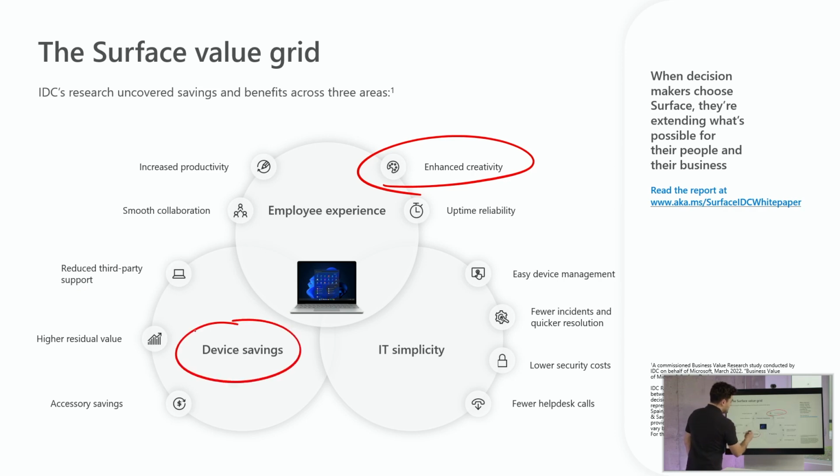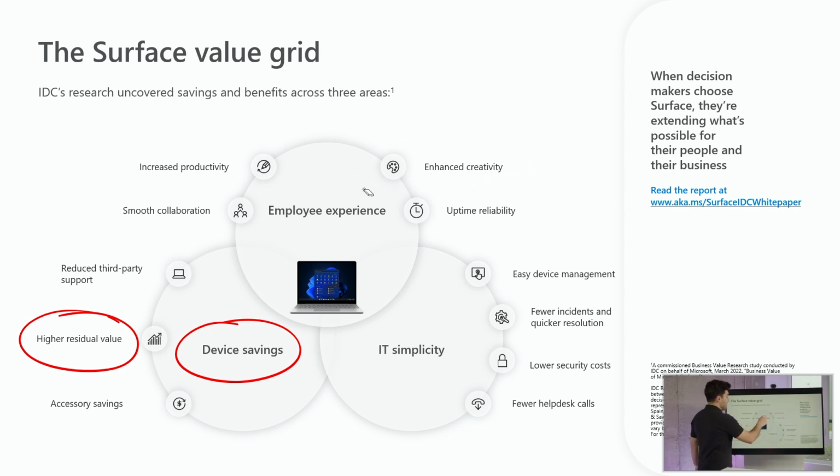When we talk about device savings, we have noticed in this study reduced need for third-party applications and platforms, a higher residual value at the end of the device's life. We often don't think about that, but when you go to sell it later for value recovery, Surface devices are even more of that higher residual value.